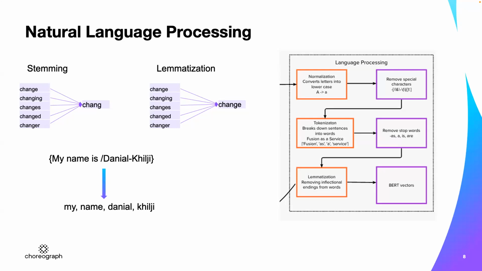But if we have lots of stop words, it doesn't really make sense to have such a high similarity score. And once we have removed the stop words, we do some lemmatization on top of the words that we have after the stop words component.